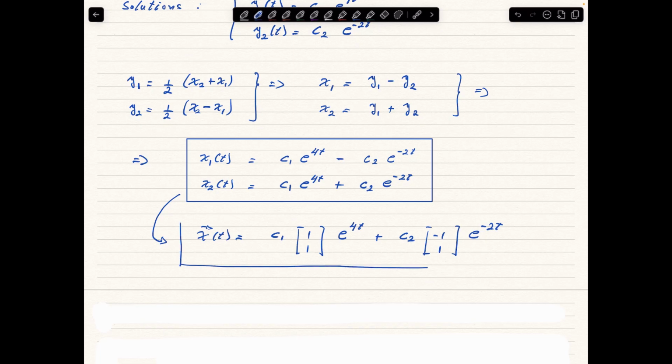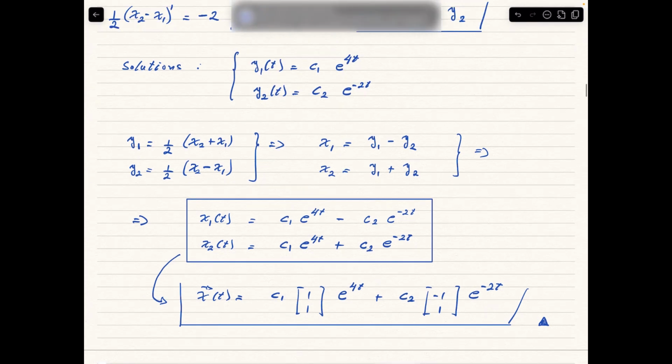So this is another way to solve the same system, a little bit longer, but we see where the solution comes from. There's no magic. It is decoupling the system with the information provided by the eigenvectors.